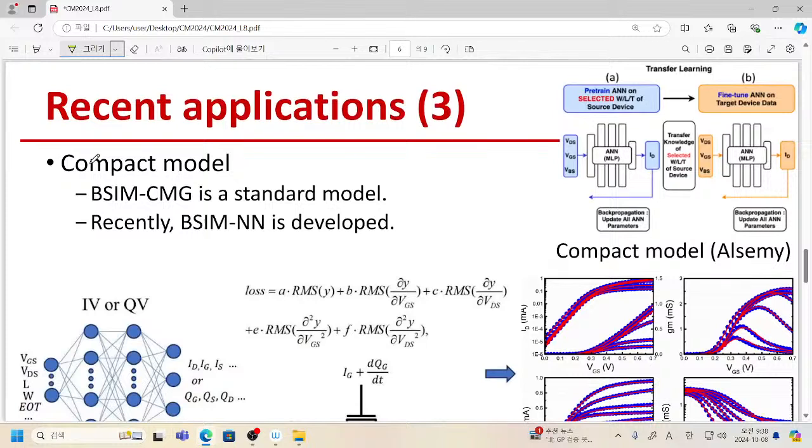Another very important application is the compact model. Maybe you are now already experiencing the compact model. What you have done up to lecture 7 is just the starting point of building a compact model.